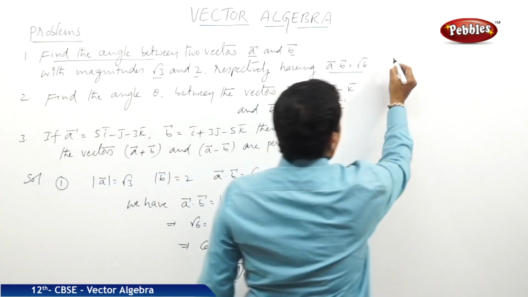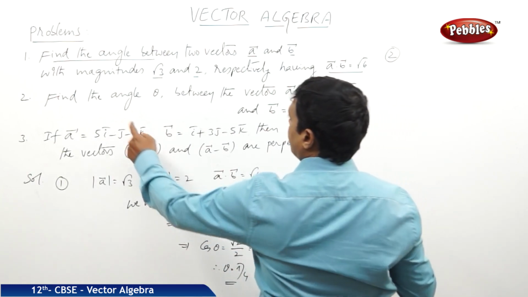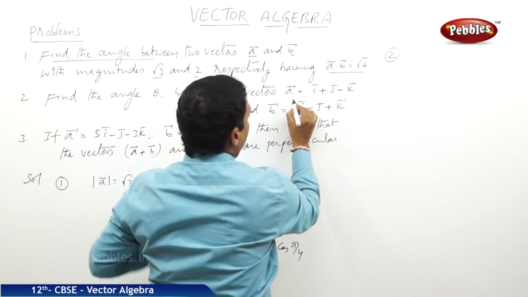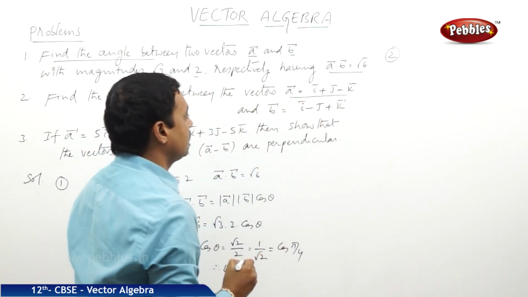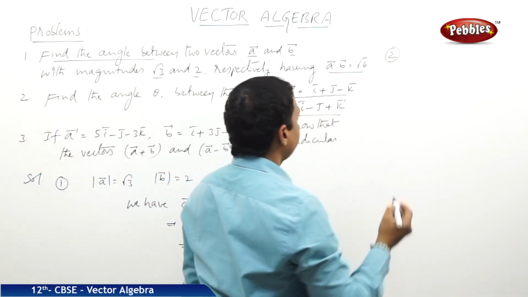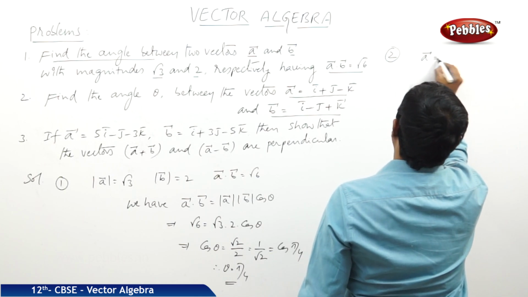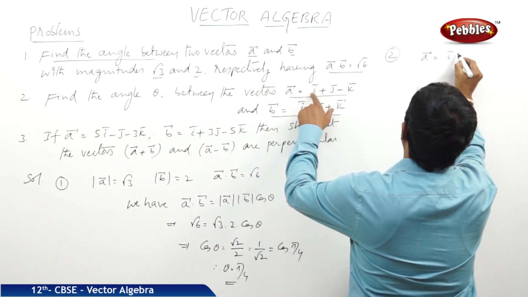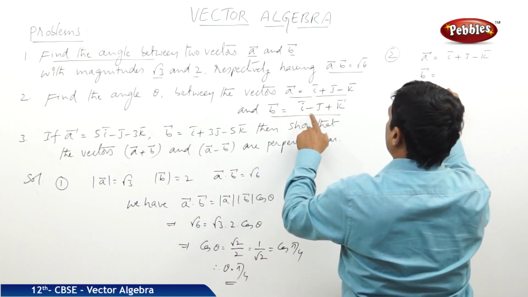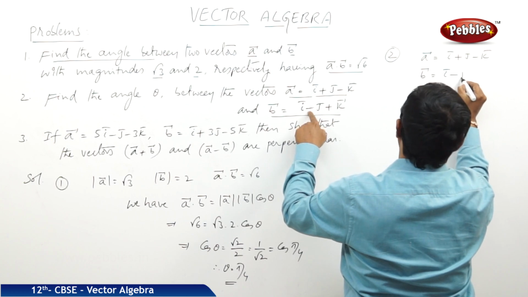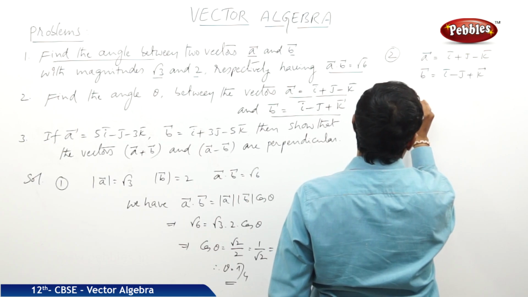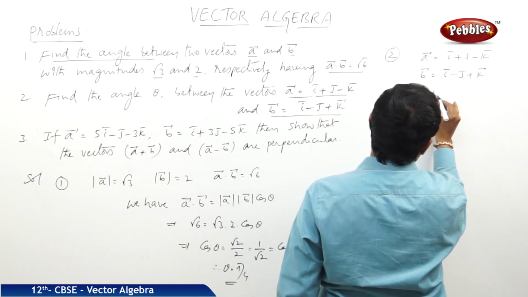Now, the second one. Find the angle theta between two vectors A bar and B bar, where A bar is equal to I plus J minus K and B bar is equal to I minus J plus K. Given A bar is equal to I plus J minus K and B vector is equal to I minus J plus K. Now, let us find modulus of A vector.